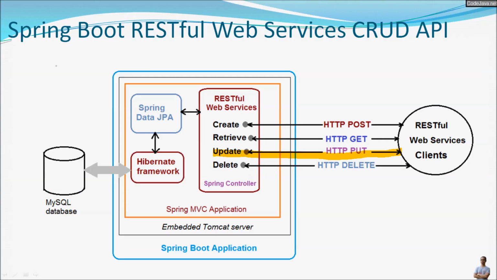And finally, let's implement the last method in the Spring REST controller class to provide a RESTful Web Service API that allows the client to delete a resource, to remove a product from the database by using the HTTP delete method.